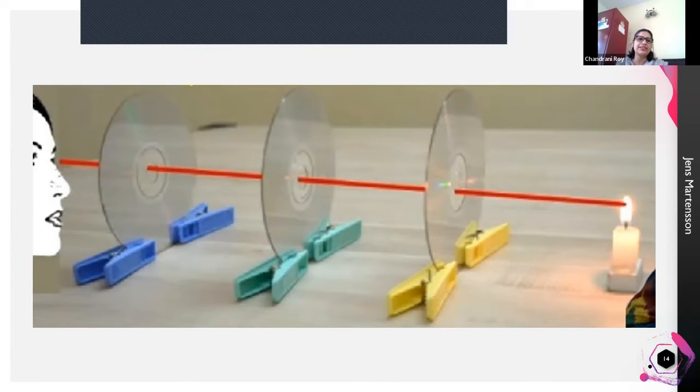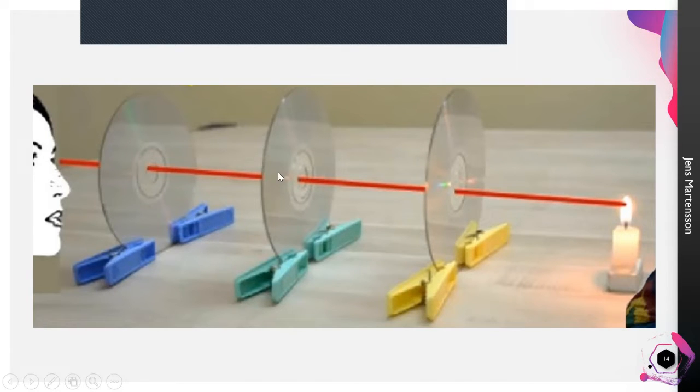is a very simple activity, where instead of cardboards where you make a hole and do all this kind of thing, all we need are 3 CDs, and these pegs that we use on the clothesline, the clips, and we make a stand with that, and we allow these 3 CDs to come in a single line, light a candle at the other end, and then observe from the other end.